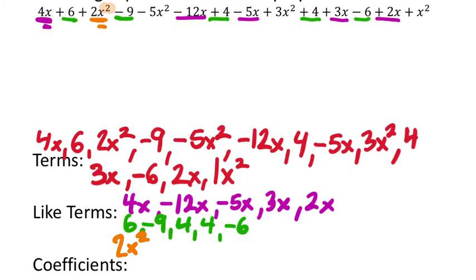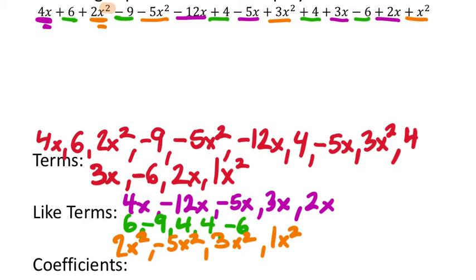Well, it pretty much should be all the rest of them. So there's a negative 5x to the power of 2, negative 5x to the power of 2. And then the next one, a 3x to the power of 2. And then the final one, again, you can show that as 1x to the power of 2 if you'd like. You don't have to, though. But the 1 will be helpful, I think, when we start to combine the like terms, okay?